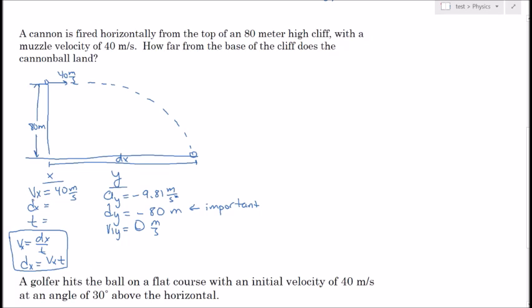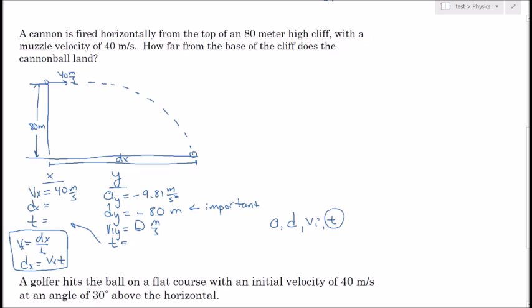But in order to do this, we need one of these two variables. And if we can get the time from the y-axis, then we can transpose that here, since it is one motion in effect and will take the same amount of time. So let's consider the variables we have. In the y direction, we have a, we have d, we have vi, and we're searching for t.